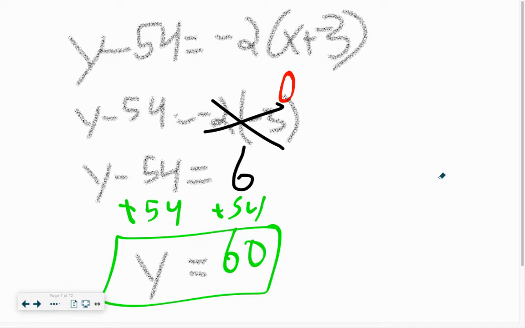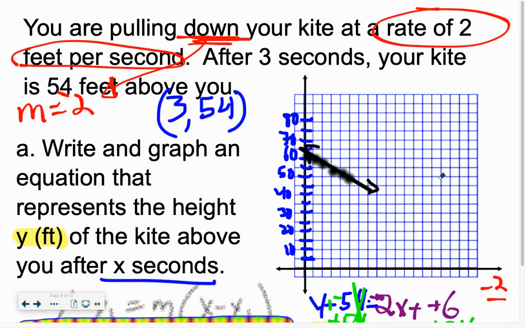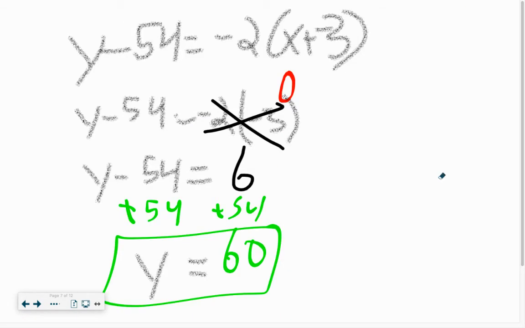Then you could graph that like we already did. And then could you go back to this and do it again, write out y minus 54 equals -2 times (x minus 3), and then plug in a 0 for y, and go through all the steps to find your x-intercept? Yes.